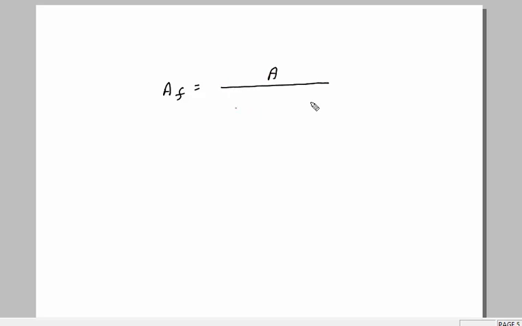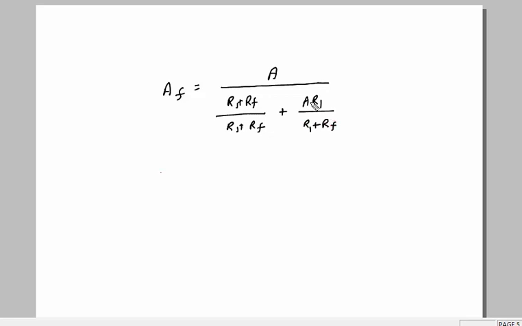How? AF equals A divided by, and we are breaking it into two parts: one will be (R1 plus RF) by (R1 plus RF), and another will be plus AR1 divided by (R1 plus RF).